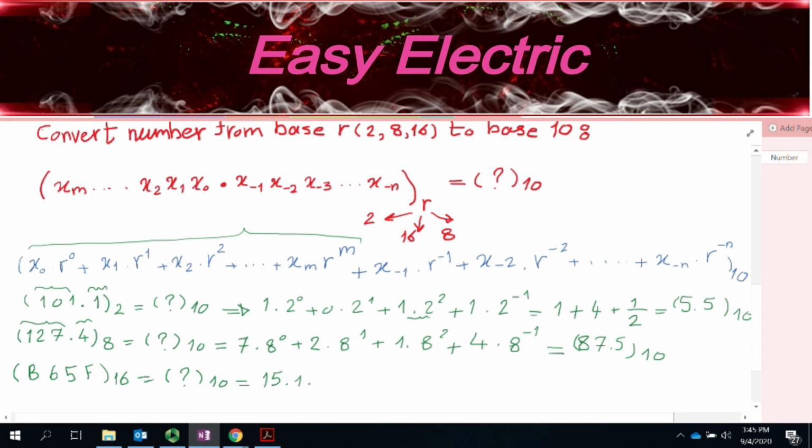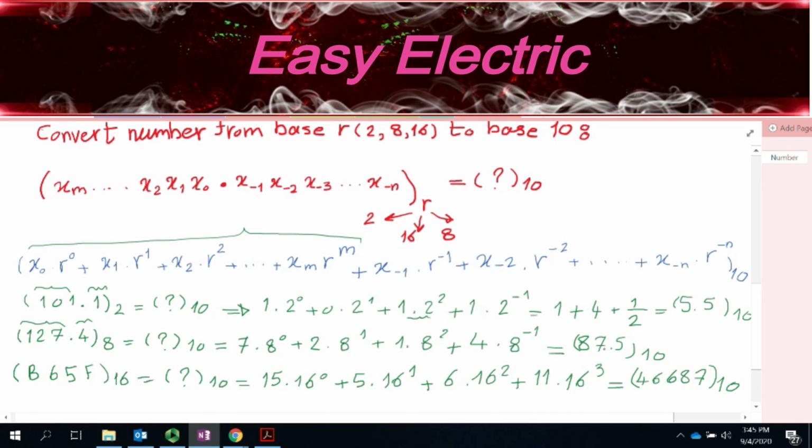You say 15 times 16 power 0, plus the next, 5 times r power 1, where r is 16, so 5 times 16 power 1, plus 6 times 16 power 2, plus the last one, B, which is 11, so 11 times 16 power 3. Whatever you get should be this number: 46,687, which is in base 10.